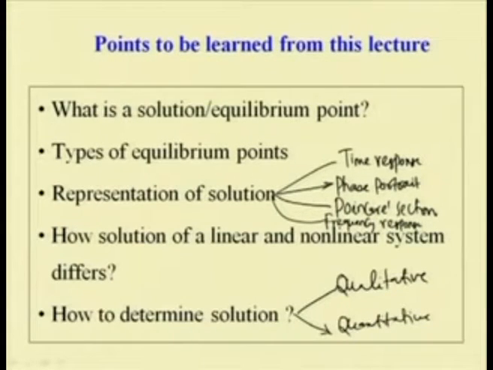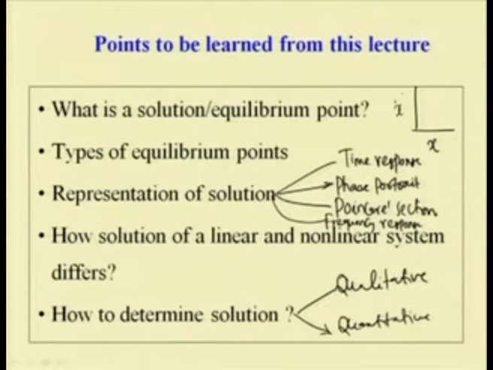In the case of the time response, one can plot the response of the system with time, and for a single periodic, 2 periodic, quasi periodic or chaotic response, the time response will be different from one equilibrium point to the other. In the phase portrait, if x is the response of the system, then x dot is the velocity of the system, so we represent it by plotting x versus x dot.